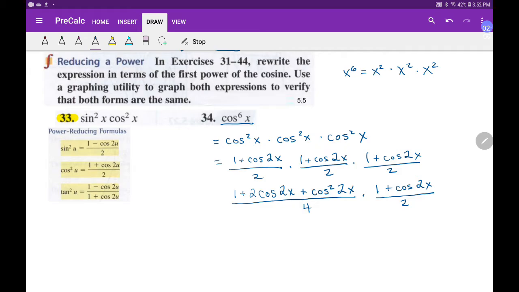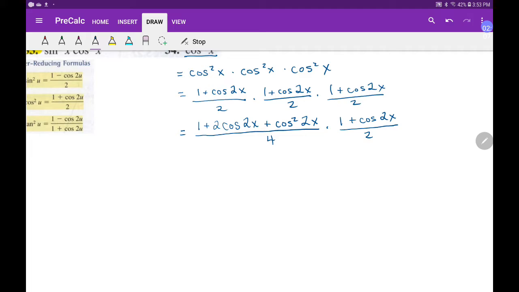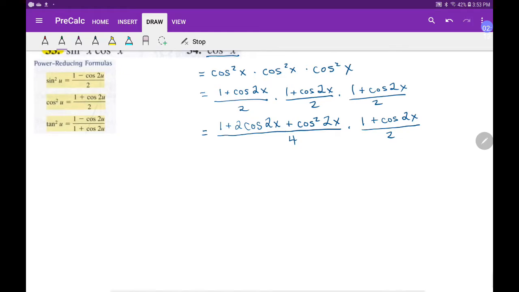I think I will resolve it right now, and so I'm going to say, maybe switch colors just for variety. We'll say, let's do this again. We will say 1 plus 2 cosine 2x plus. And just to not let this get out of hand, I'm going to go ahead and apply it again.